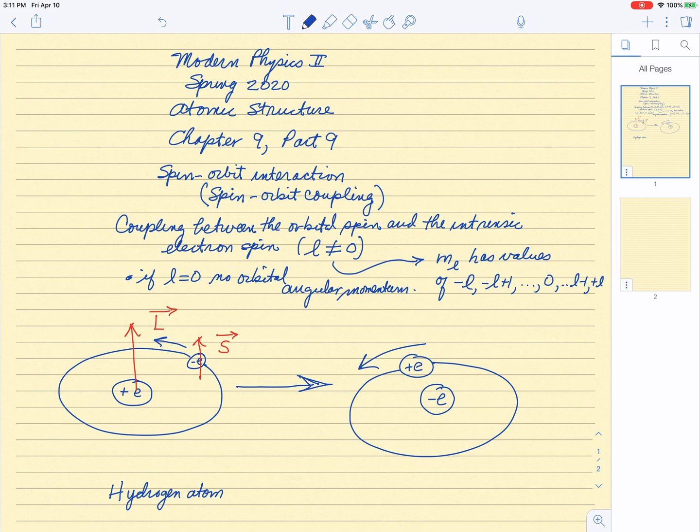This constitutes a current, which is going to generate a magnetic field at the electron, where the electron is.